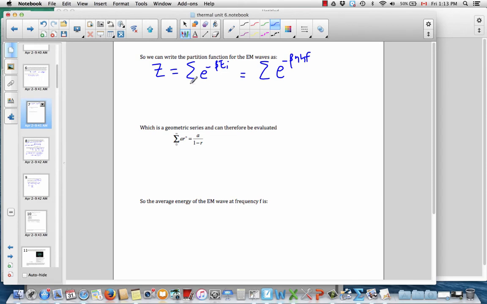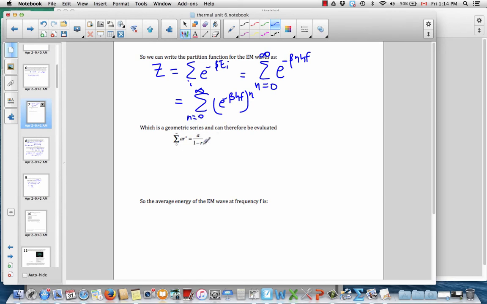And so the sum over all states i becomes the sum over n from 0 to infinity. So we're adding up this e to the minus beta energy, where the energy is the energy of the vibrations.